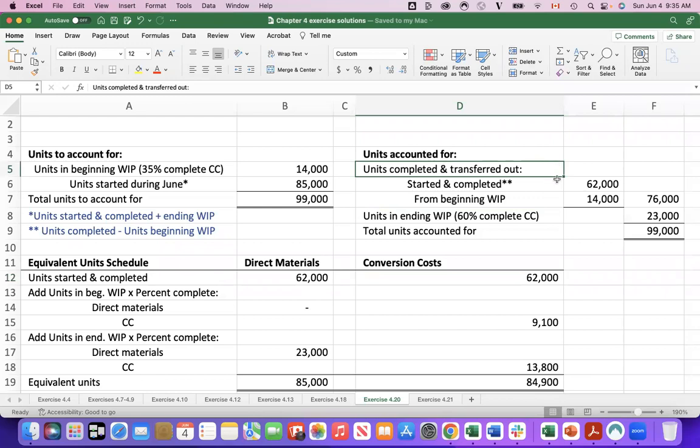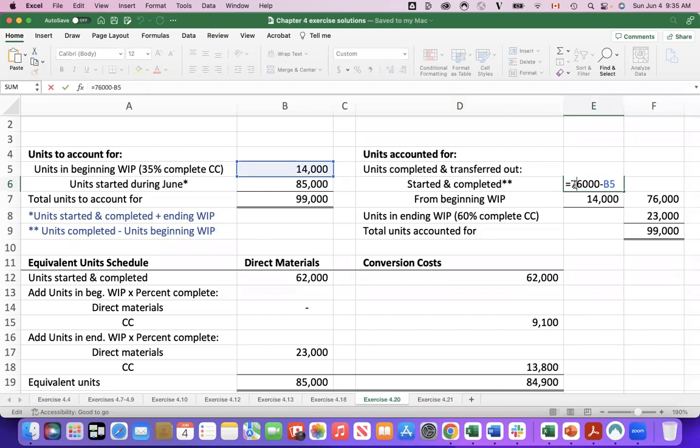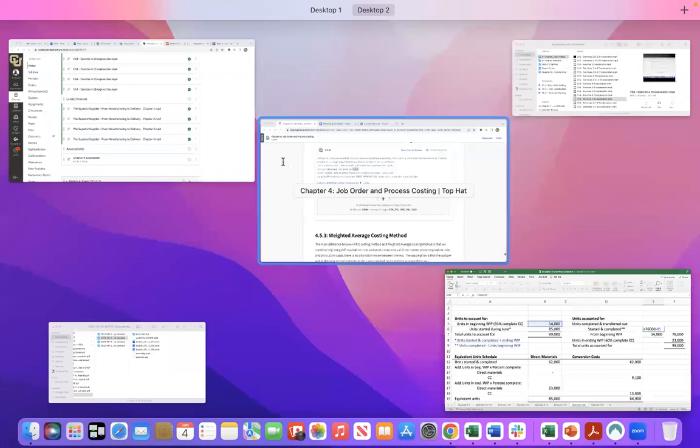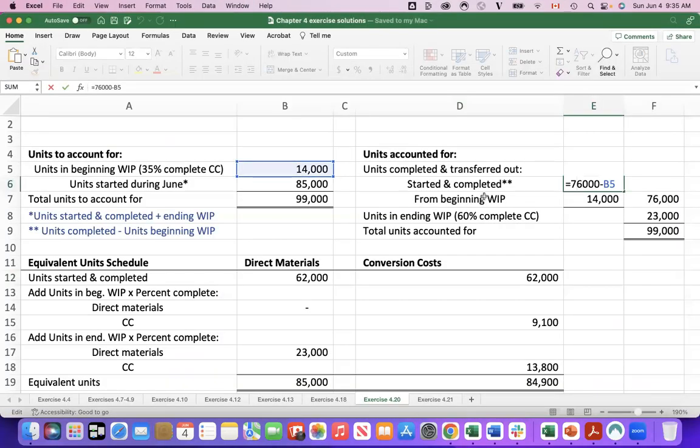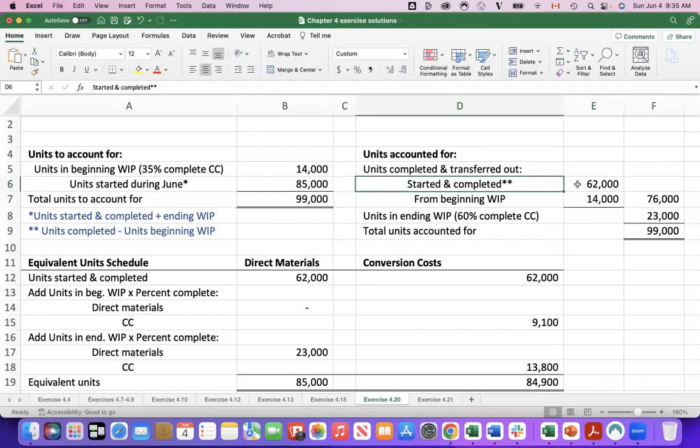We're trying to figure out units started and completed during the month. Remember, it is units that were completed during the month, in this case 76,000 units, less beginning work in process inventory, which was 14,000 units. That means of the 76,000 that were completed this month, 62,000 of them must have been started during the month as well. So started and completed was 62,000.